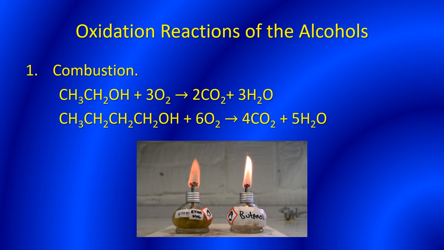Ethanol as a fuel is often used to keep food warm. You might have had a cheese fondue where you've got little burners with ethanol in just to keep the cheese melted and warm. What you may not realise is that petrol now contains 10% ethanol mixed with the hydrocarbons.